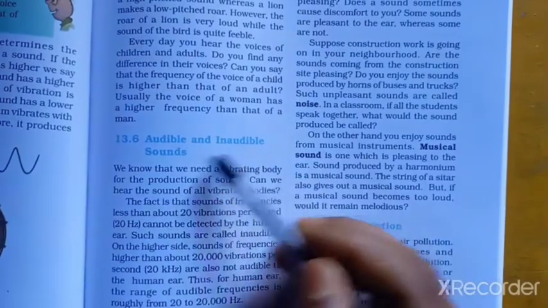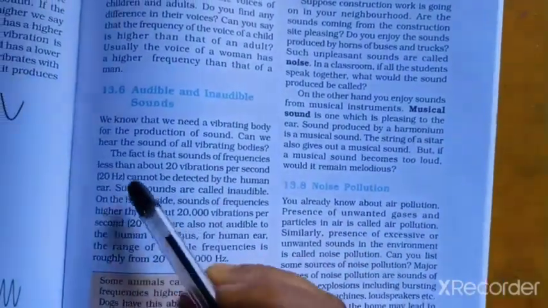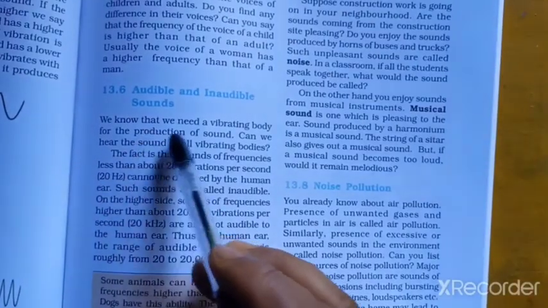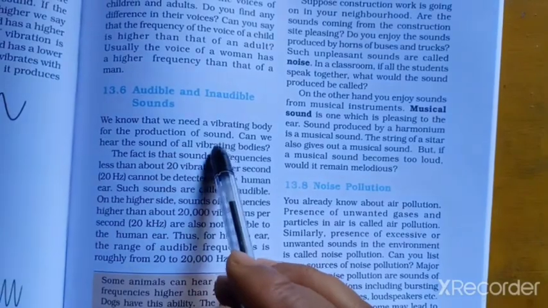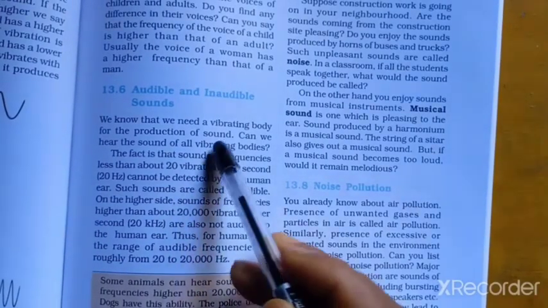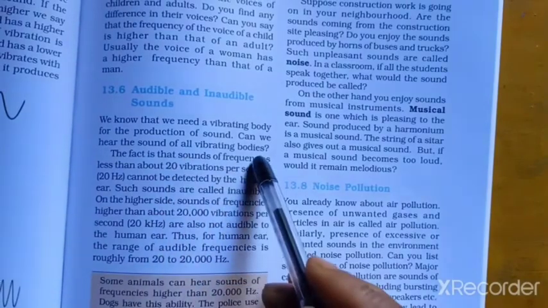Audible and inaudible sounds. We know that we need a vibrating body for the production of sound. Can we hear the sound of all vibrating bodies?